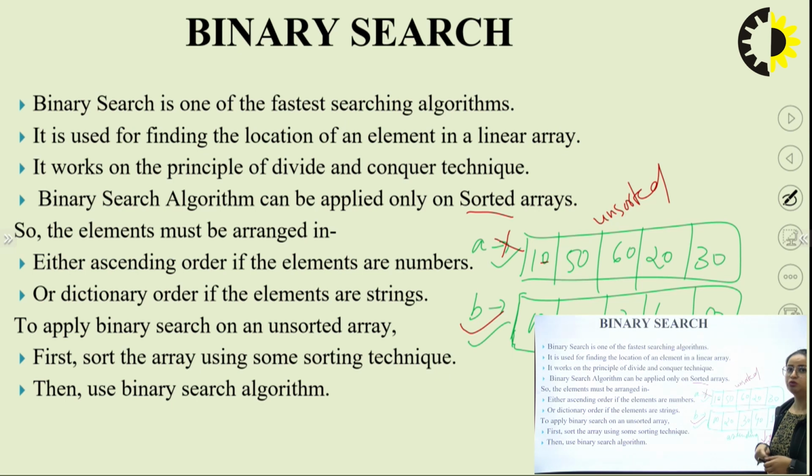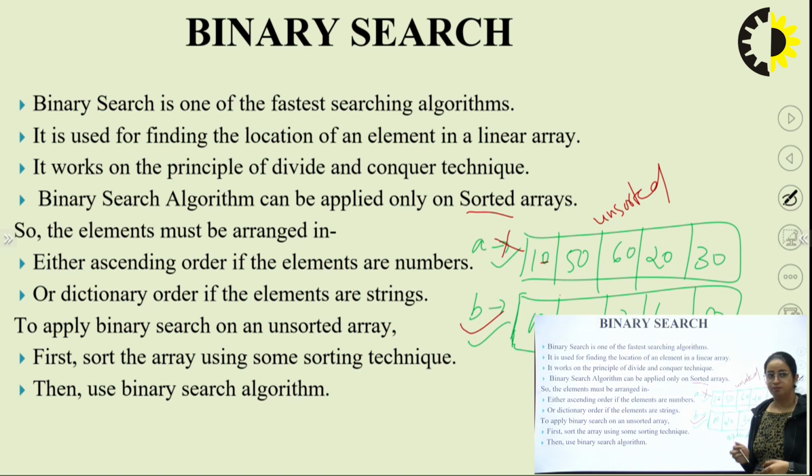Or if you want to search in the unsorted array, then we first have to make it sorted, and then we apply binary search. So the third point should be clear: if you are going to apply binary search on an array, the condition is that its elements must be in a sorted manner.